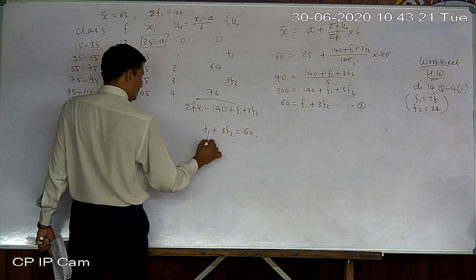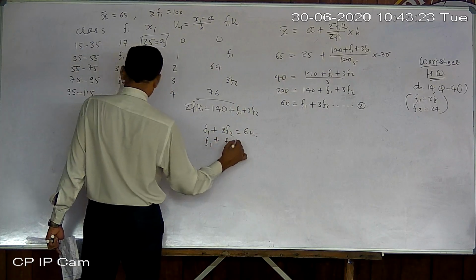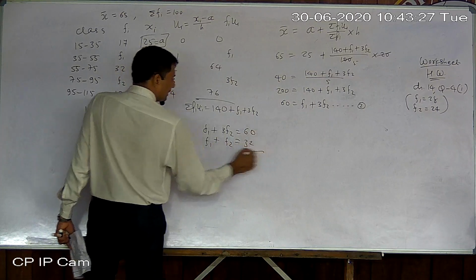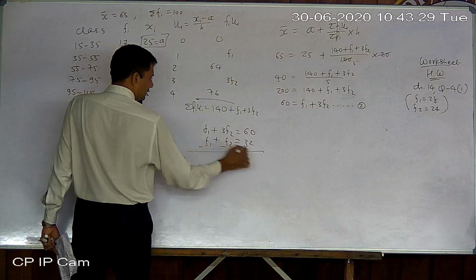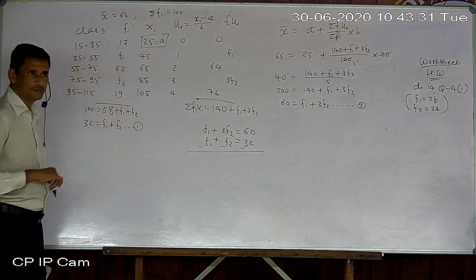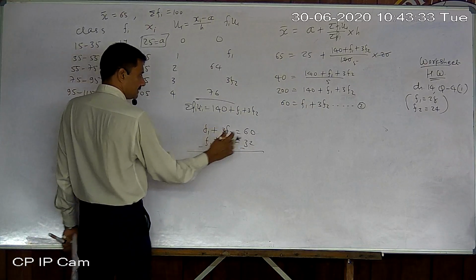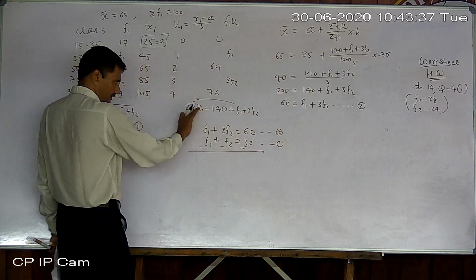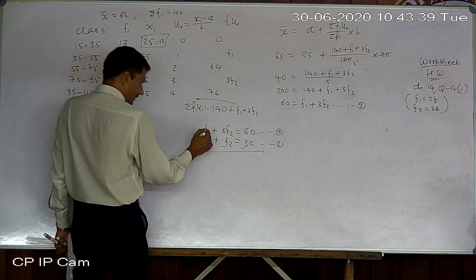Now the first one we already have, 32. Now 60. Okay. If you want to find any one, then subtract the first equation from the second one. This is second, first. Anyone, write anywhere. So f1 cancels.